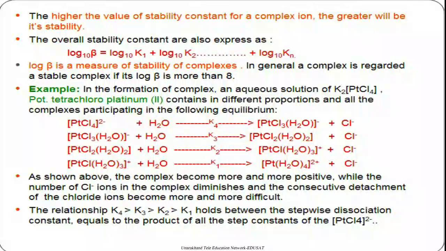In the next step, PtCl3 H2O plus H2O forms PtCl2 (H2O)2, and here it becomes neutral. Here the charge is negative, but here it is neutral, and again another chloride atom is replaced from this complex.